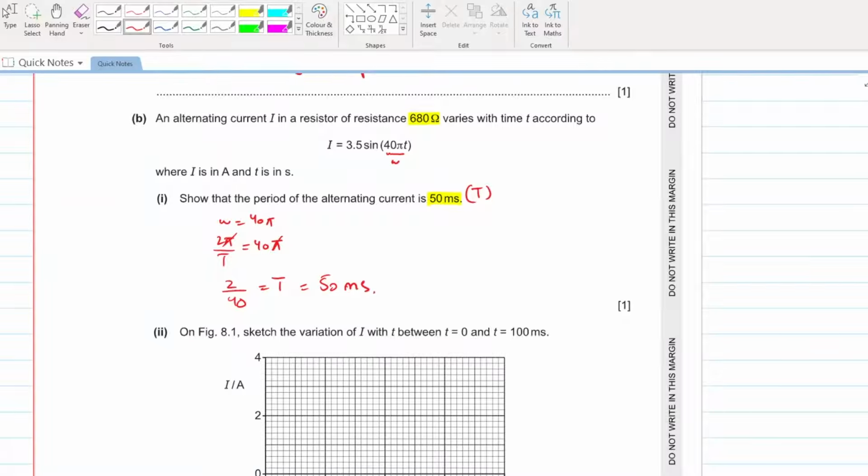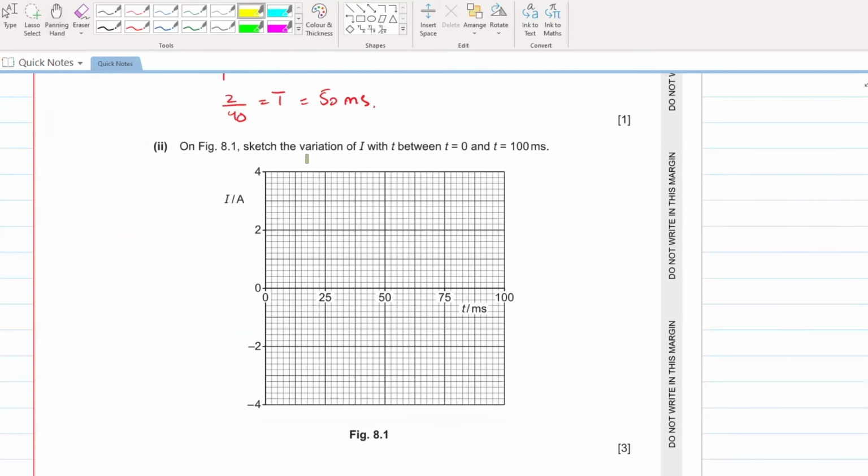Now let's move ahead. On figure 8.1, sketch the variation of current with time t between t equal to 0 and 100 milliseconds.